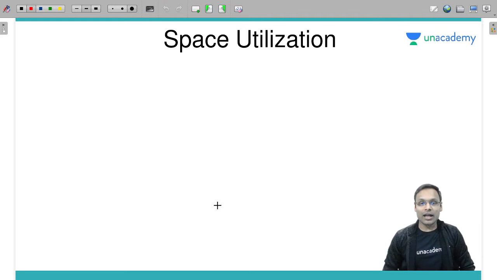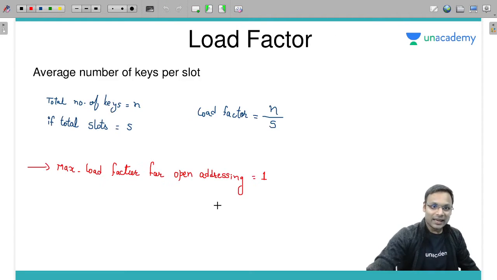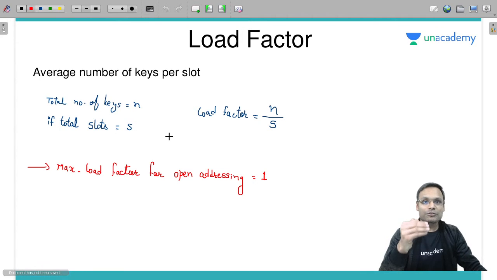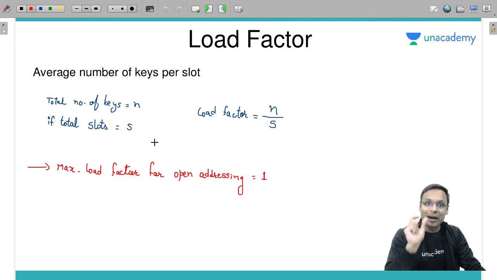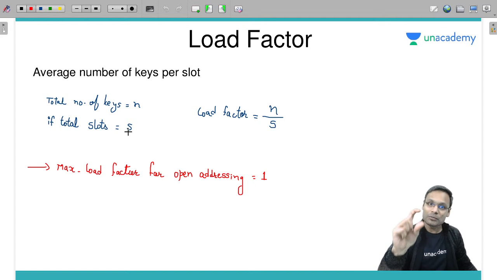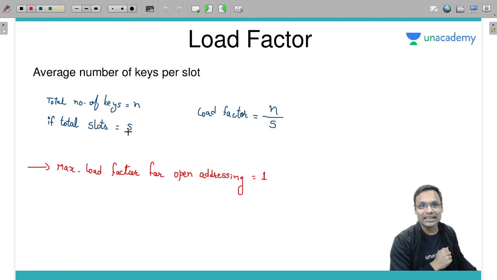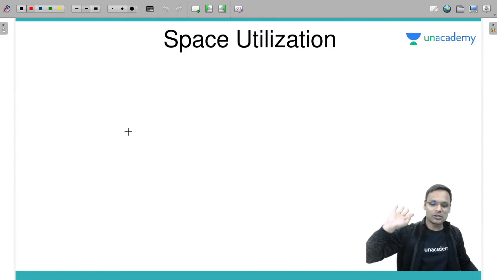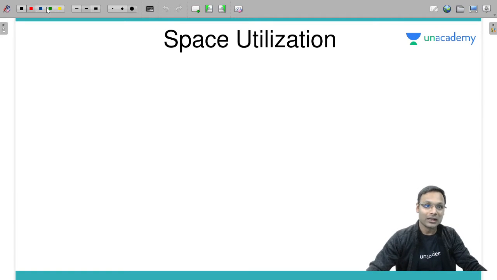Okay, fine. Now let's talk about space utilization. Now if I say I have distributed n number of keys on s number of slots, but because of chaining or some other reason, it might be possible that all s slots are not occupied. Some slots are only storing all those n keys. So how many slots you have utilized as compared to the total number of slots, that will be your space utilization. कितना आपने space utilize किया है.